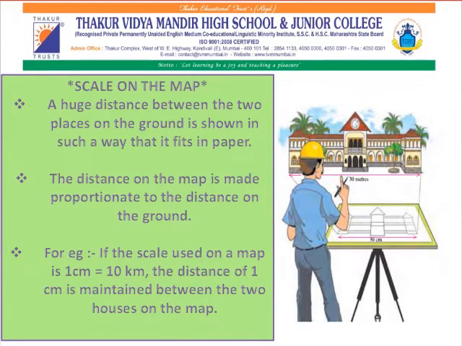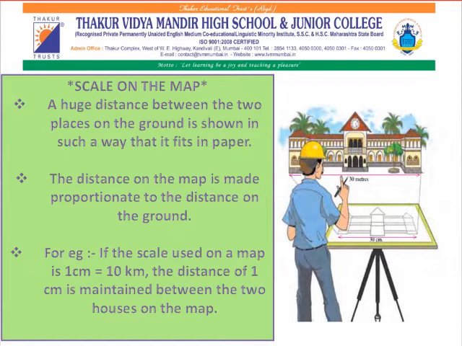Children, let us learn why the scale on the map is very important. Students, as you can see in the picture, the architect is drawing a rough sketch of the house in front of his eyes. But the measurement of the house is 30 meters in length, whereas the architect has drawn the same 30 meters length as 30 centimeters on a piece of paper, because the length of the paper is small, but he wants to represent the length.